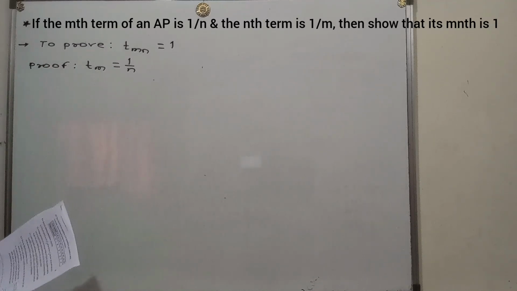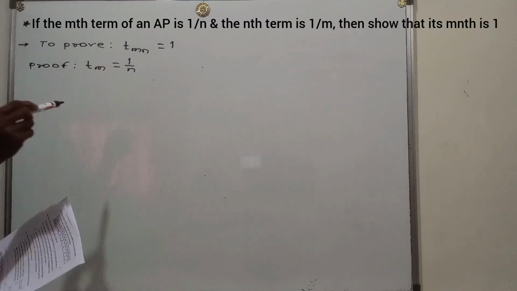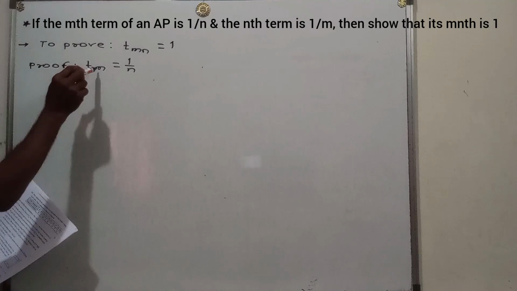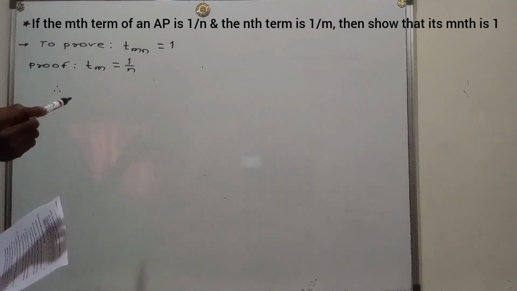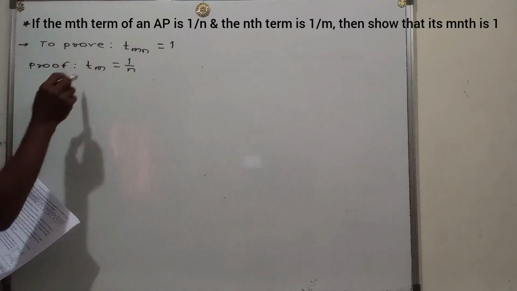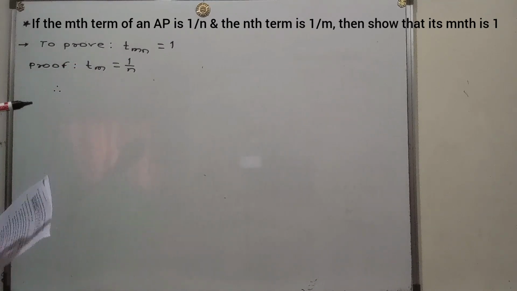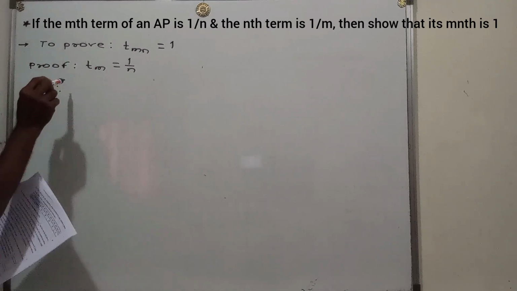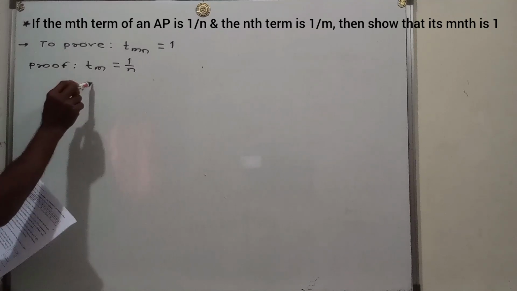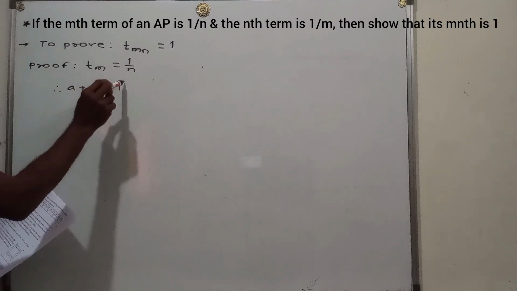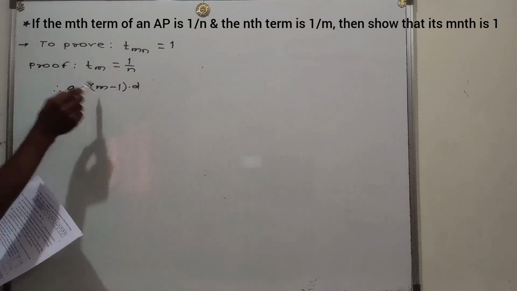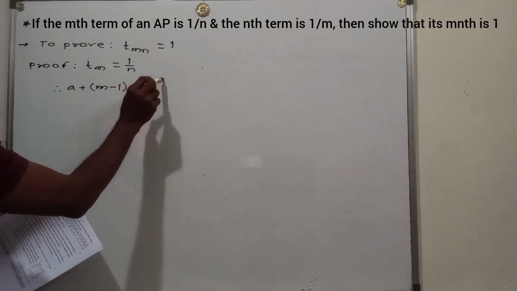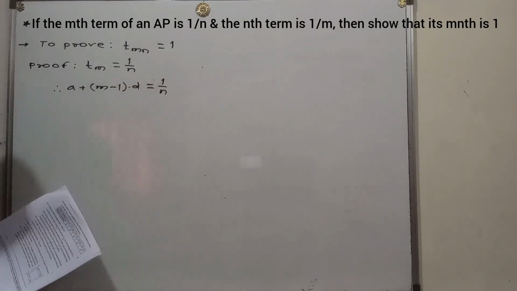The mth term is written as 1 upon n. Therefore, using the formula for the mth term, like the nth term, T_m is equal to a plus (m minus 1) into d, because it is the mth term, and this is equal to 1 upon n.